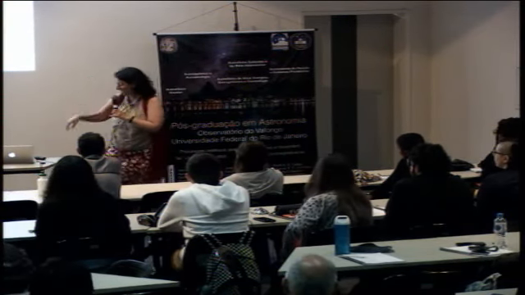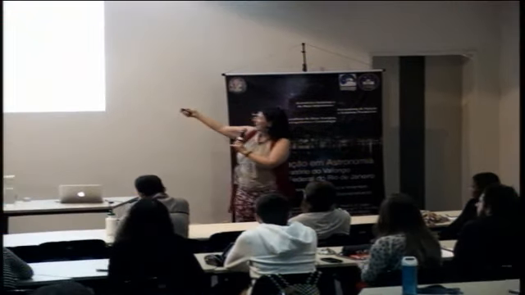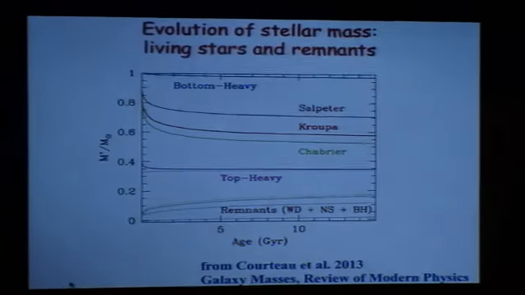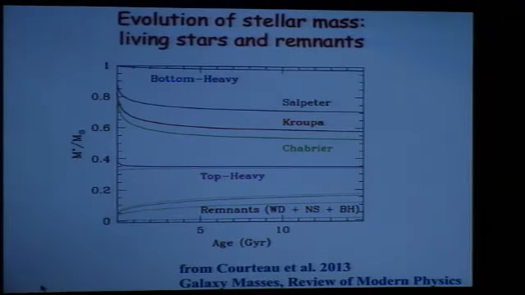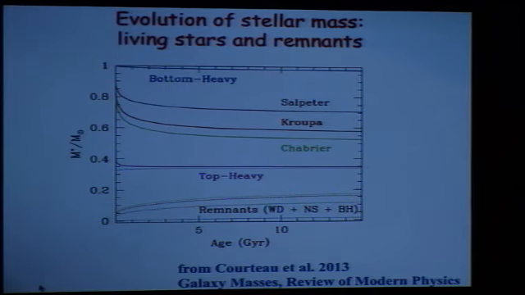In the old times, until a couple of years ago, people have always experimented with these three IMFs, okay? There is hardly any difference between Kroupa and Chabrier. If you are French, you use Chabrier. If you were studying or working in Germany, like me, I started with Kroupa, but I also have Chabrier releases, and they are hardly different, a bit in the remnants, as you see.